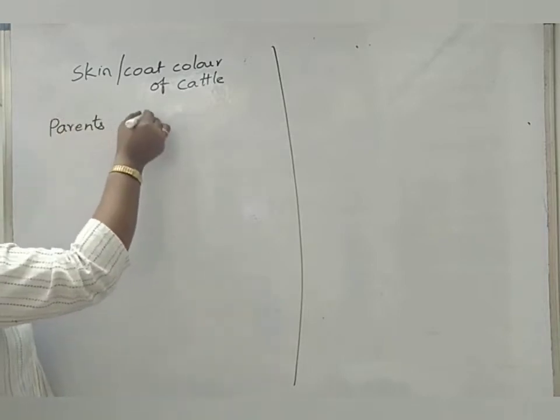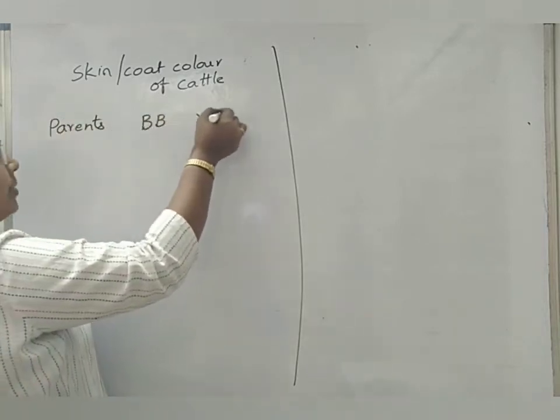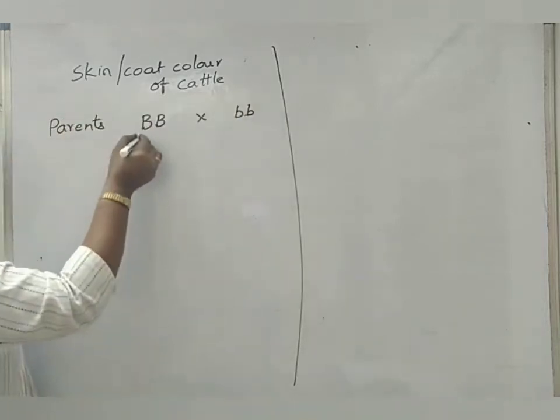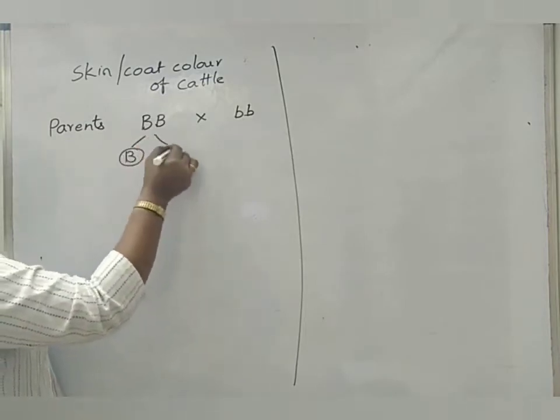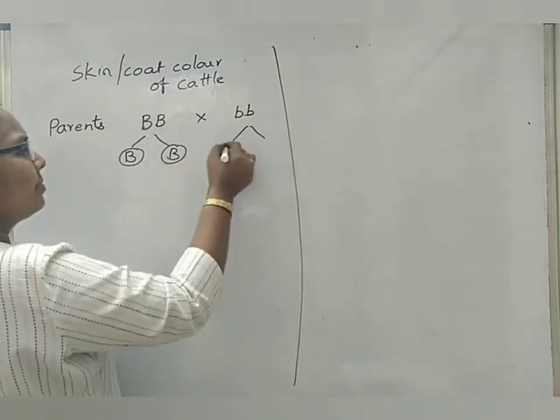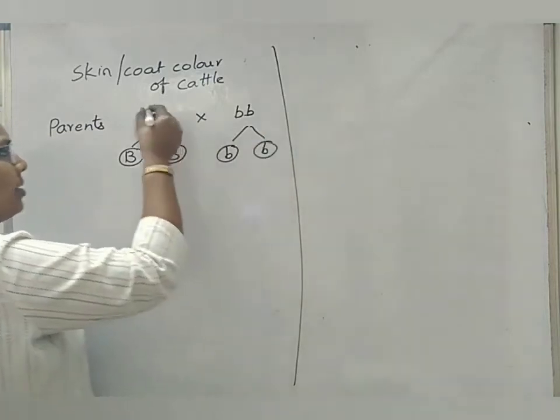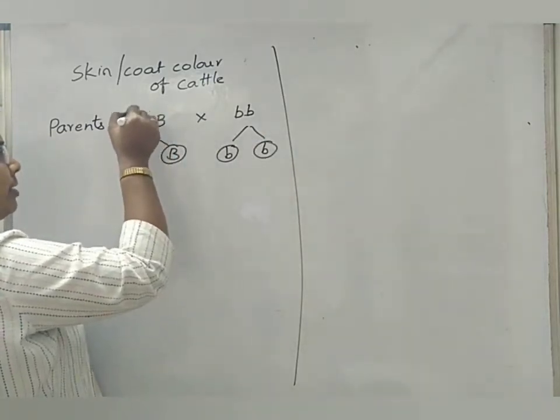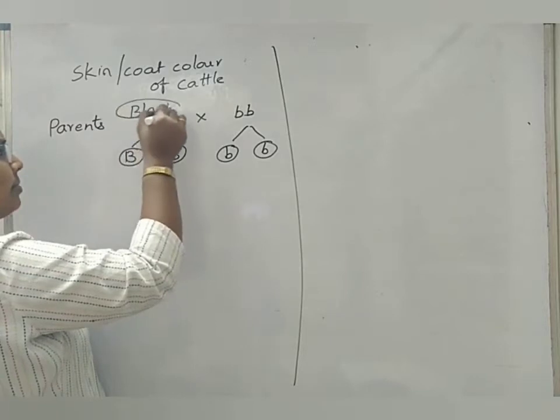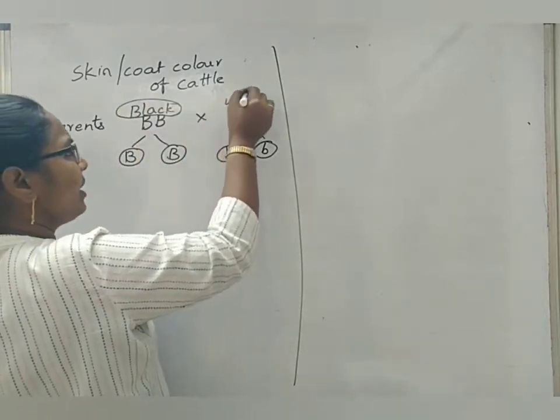Parents with allele forms or genotypes like this. The gametes obtained are like this. This one is showing the phenotypic black color, and this one is showing the phenotypic white color.